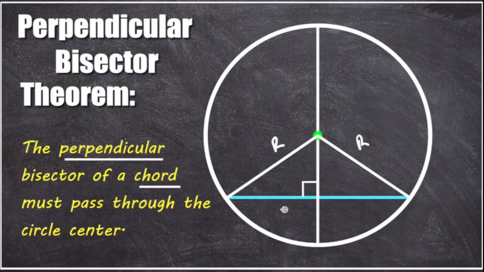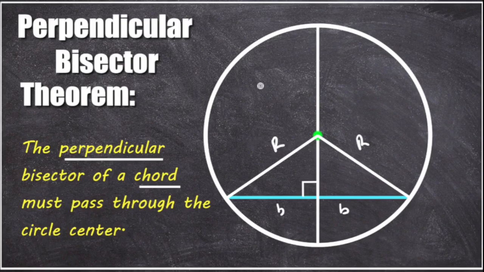Let's give them both the value of length b. But the base of this triangle is really just the original chord. The line that we've drawn has bisected the chord. The line was perpendicular to the chord, so it is a perpendicular bisector, and because it passes through the vertex that's opposite the base, and that vertex is just the center of the circle, the perpendicular bisector of the chord passes through the circle center.